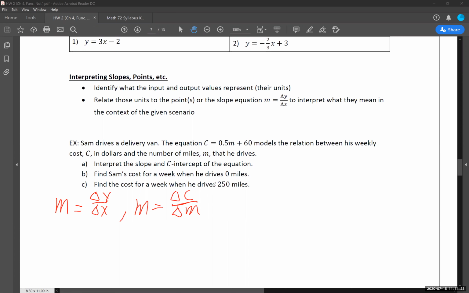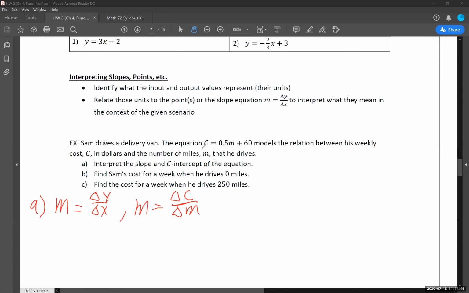Okay. So again, interpret the slope and c-intercept in the equation. We are not calculating any values here. We're going to get a small sentence showing up, if nothing else. So I'm interpreting this thing. Well, the change in c over the change in m. Well, what does c represent?